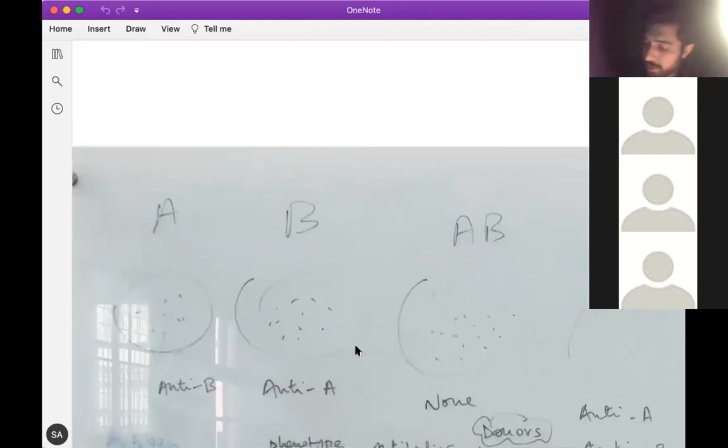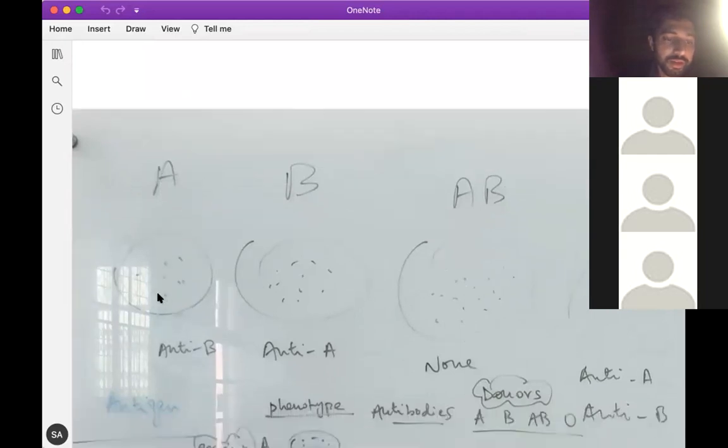There are these proteins present on the surface of red blood cells. When you talk about blood group A, we say it has a certain antigen, a certain protein bound on the surface of it, and these proteins we call antigens.